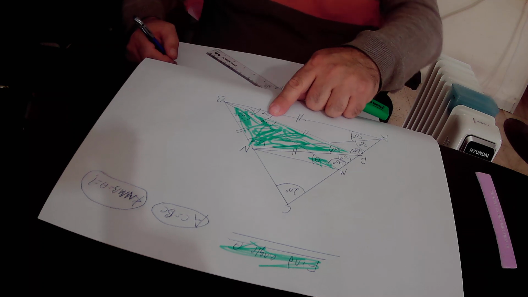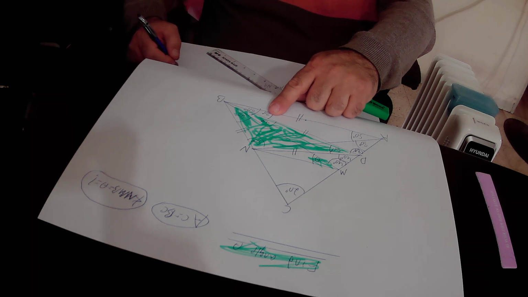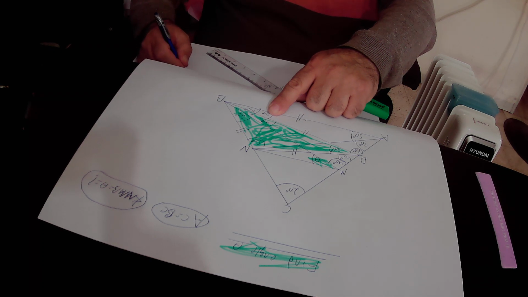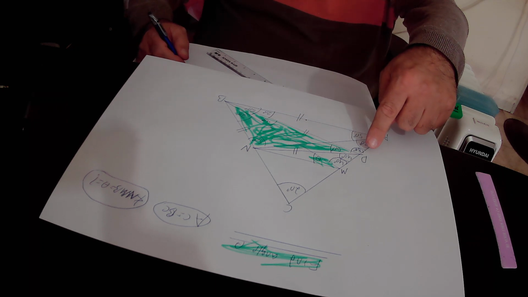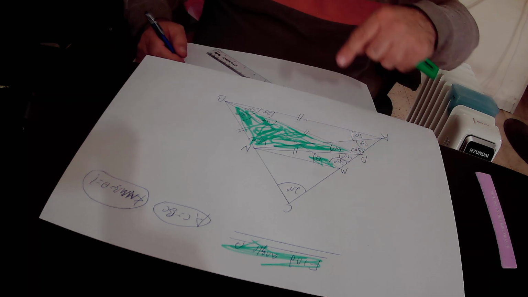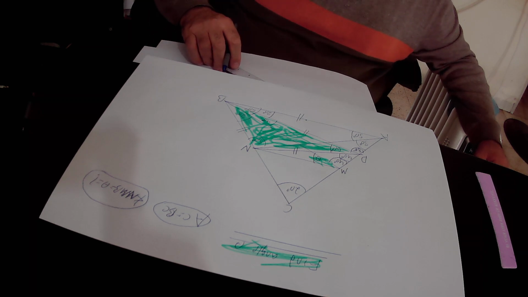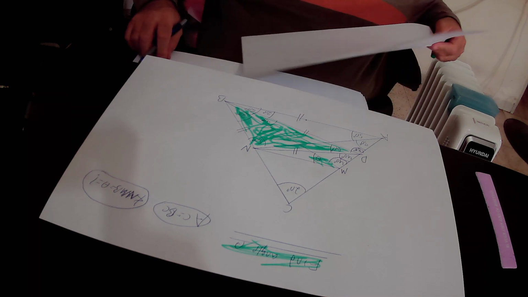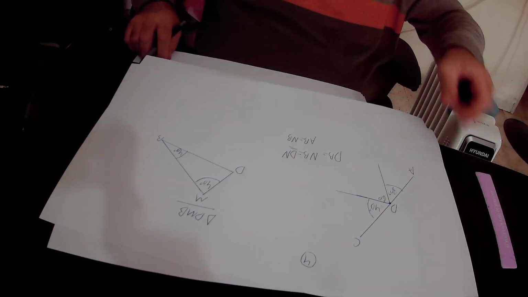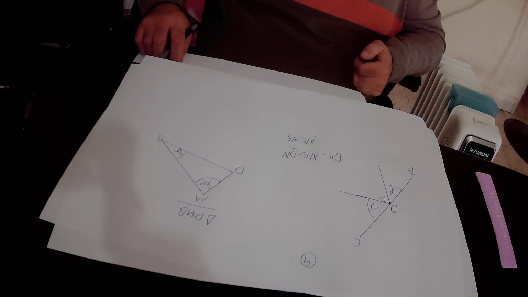In triangle DMB, angle MBD equals 40 degrees in its size. Angle DMB also equals 40 degrees in its size. So this is triangle DMB, this is the copy from the original drawing.